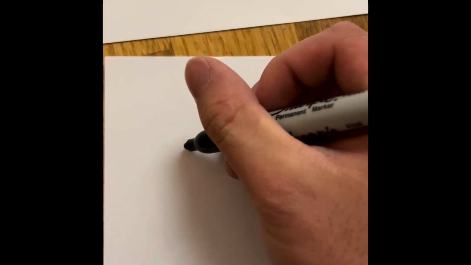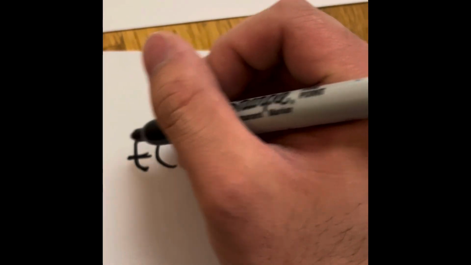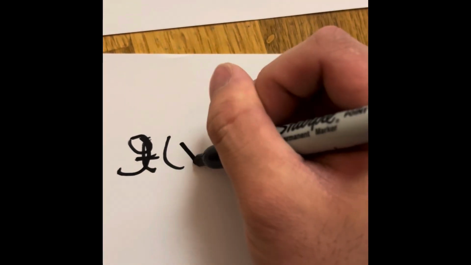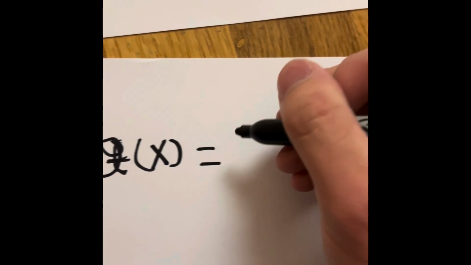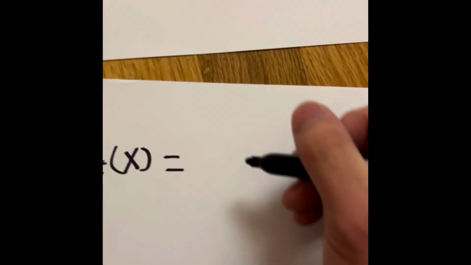So here's what happens. The g function of x is going to be equal to the opposites listed right up here.